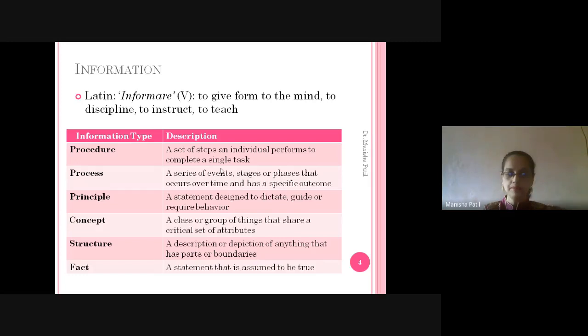For example, Earth revolves around the sun. It is a fact. So, when we talk about information, there are 6 types: procedure, process, principle, concept, structure, and fact.